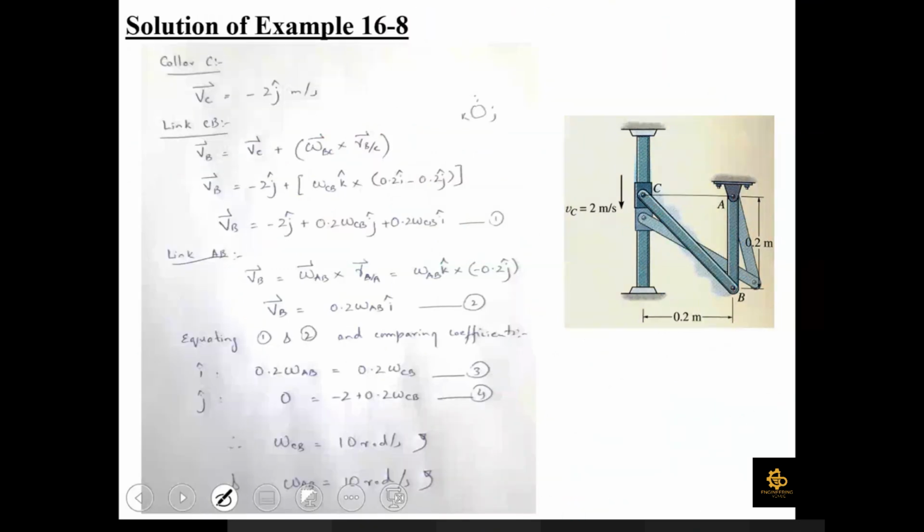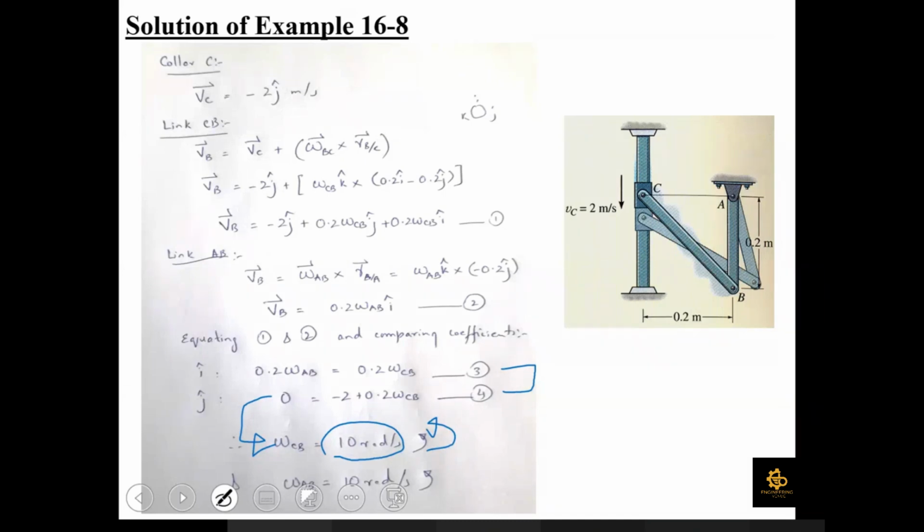Moving towards the final solution, comparing I coefficients gives 0.2 omega AB equal to 0.2 omega CB, and comparing J coefficients gives 0 equal to minus 2 plus 0.2 omega CB. So from this equation, omega CB comes out to be 10 radians per second. And since this omega comes out to be a positive quantity, it means that your assumed direction of omega was correct.